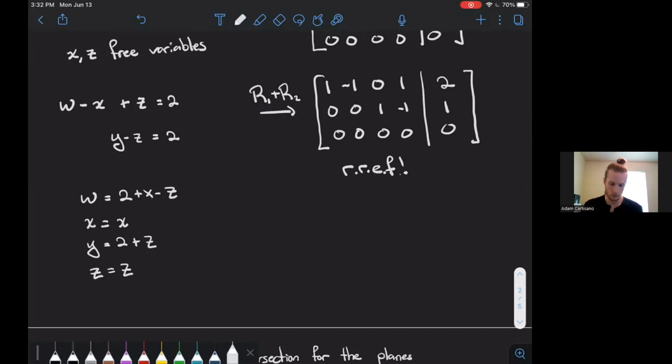By the way, I want to mention how we would go about reporting the final answer for this one. So last time we just said, write it as a linear combination of some vectors. We'll still do that, but I want to write the corresponding solution set in parametric form, we'll say. So define parameters. So this is just the final answer.